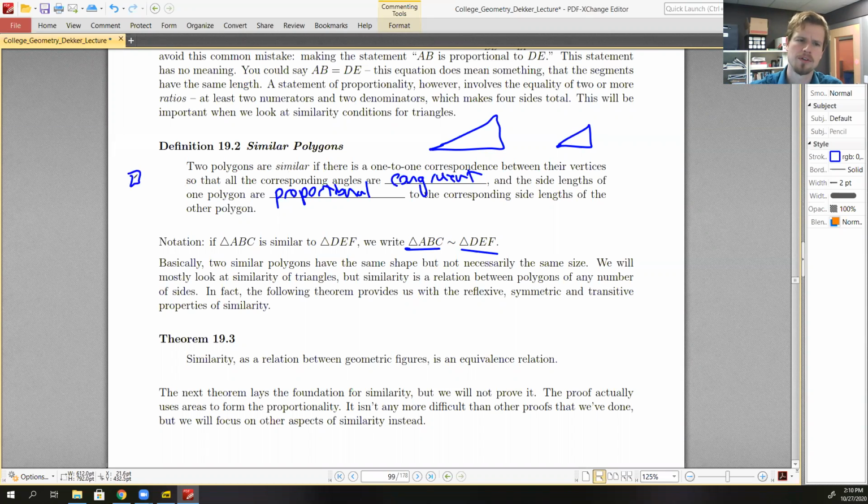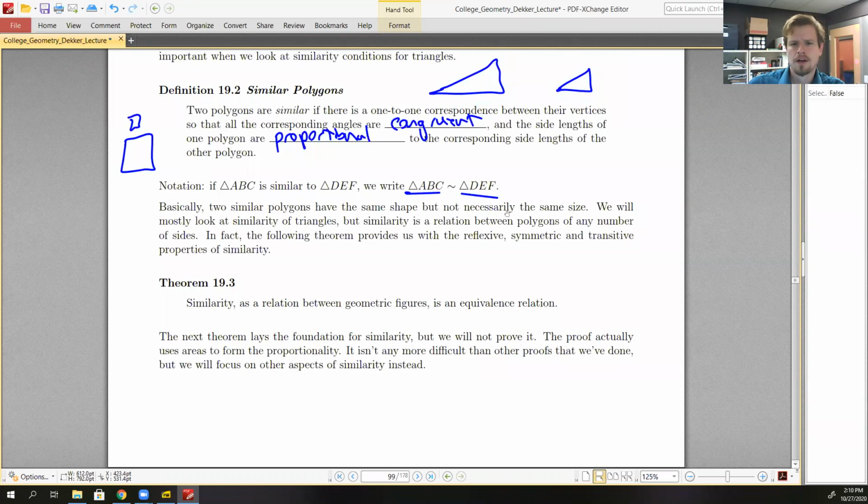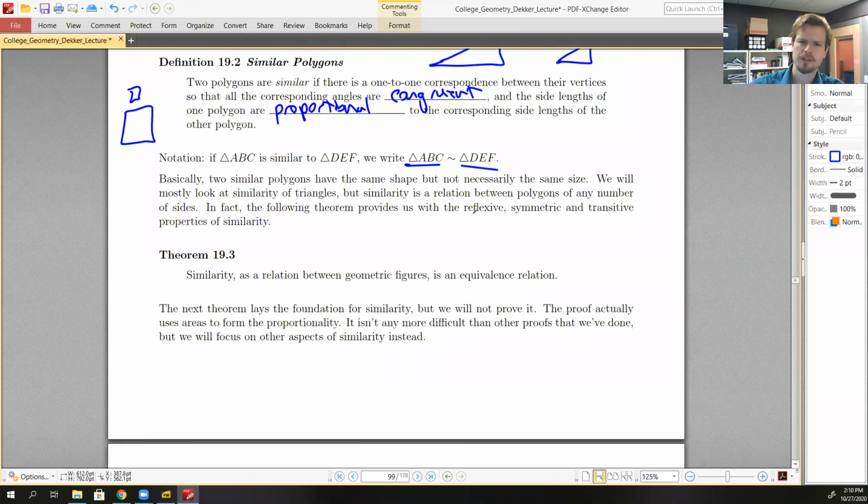Or we take one, right? Triangles, squares, quadrilaterals, whatever the case is. All right, of course, every geometric figure or every polygon is similar to itself with a constant of proportionality of 1.